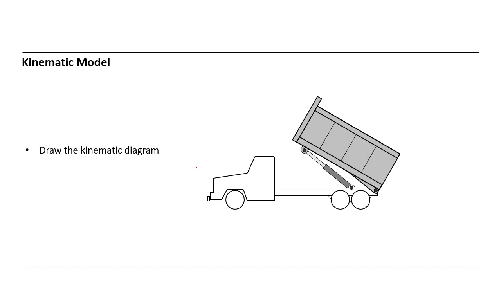We have such a trolley, for example, a car. So what is the kinematic diagram here? Because we have a mechanism to move the part of the car. So it moves up and down like this.